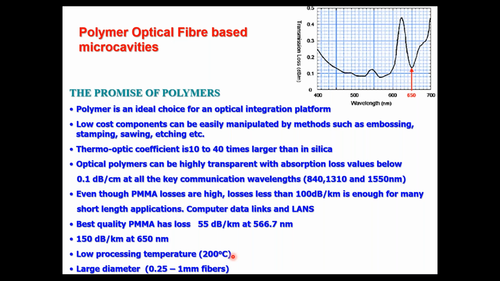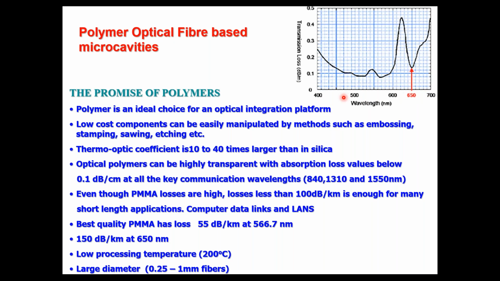You can have fibers of diameter 1 millimeter, 900 micrometers, 700 micrometers, which are very common, but silica fiber has a core diameter of approximately 10 micrometers, so it is very difficult to handle, couple, etc. and very expensive as well.